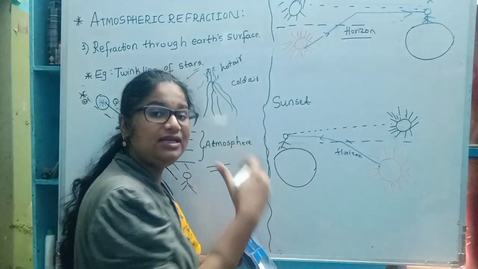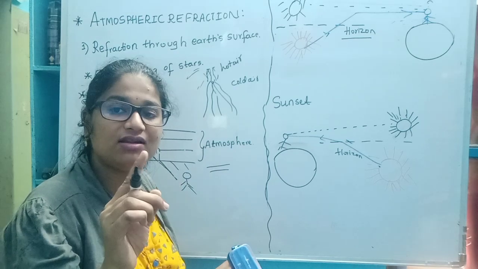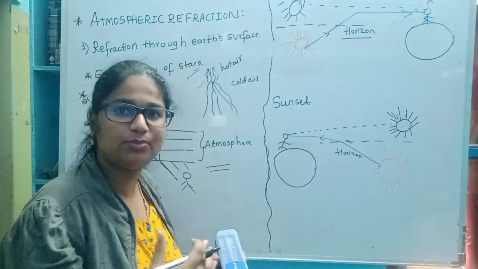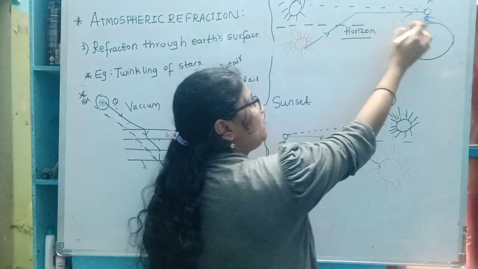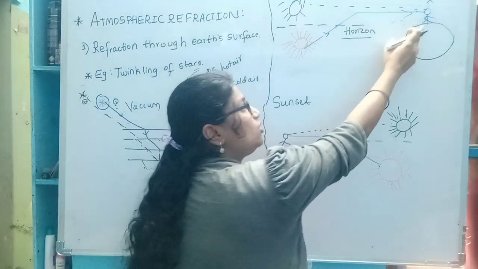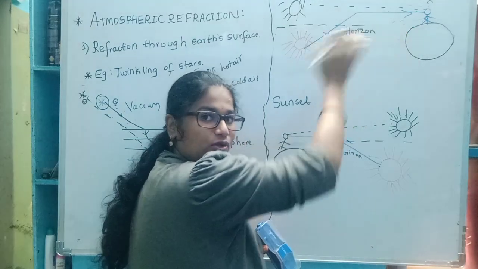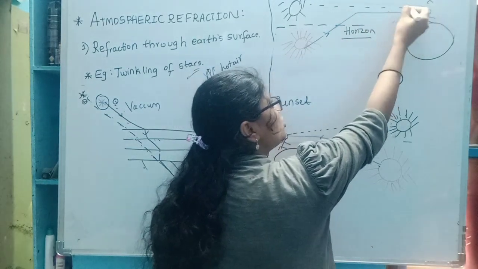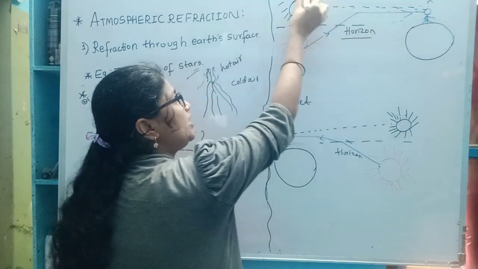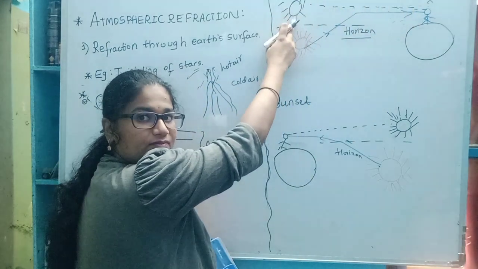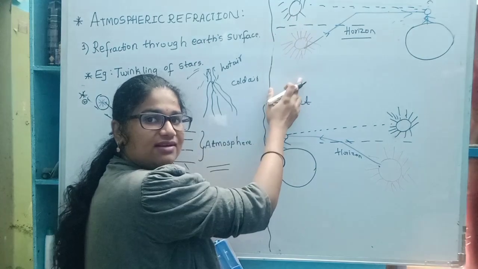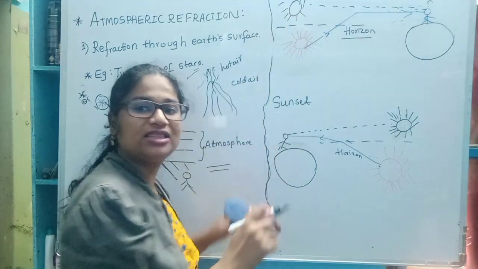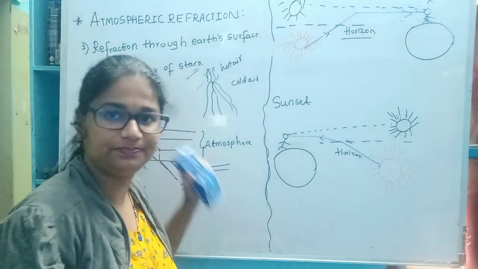Due to multiple refraction, not only one refraction, many refractions through the layers of the atmosphere, we get a refracted light. Let us consider we are standing on the earth. This is a refracted ray of light. When I proceed the refracted ray of light, the image of the sun is formed here. So before the sunrise only, I am seeing the sun. This is due to atmospheric refraction.